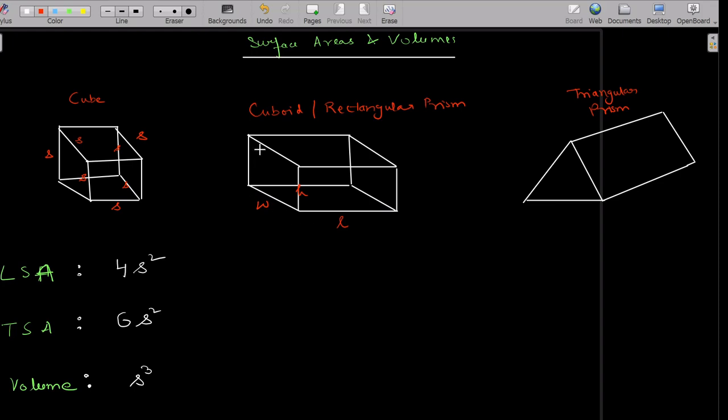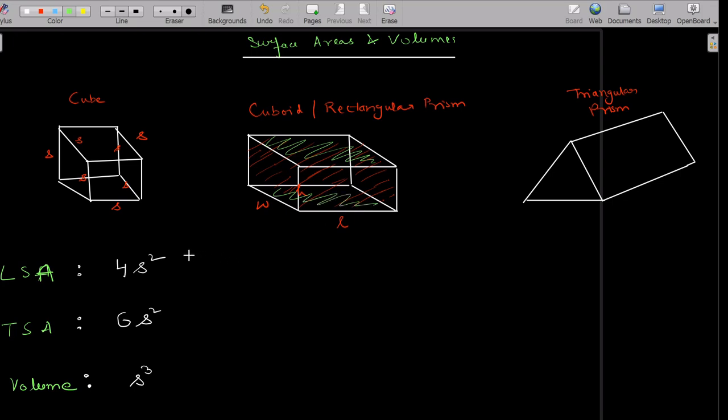For lateral surface area, you remove the ceiling and the floor, so you just have four walls: this wall, this wall, the wall at the back, and the wall at the front, right? Yes. And we have to ignore the ceiling and the floor.